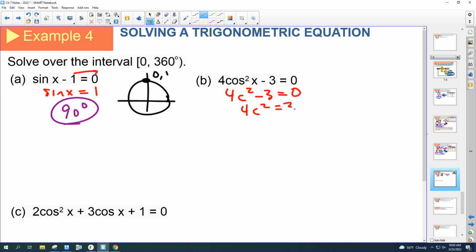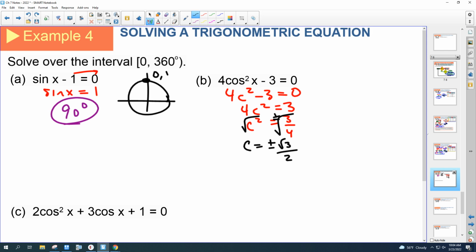Add the 3, divide by the 4, square root. Now keep in mind here, when you square root both sides, you've got to do plus or minus. I'm going to get c equals plus or minus square root of 3 over 2. Square root of 4 is 2.